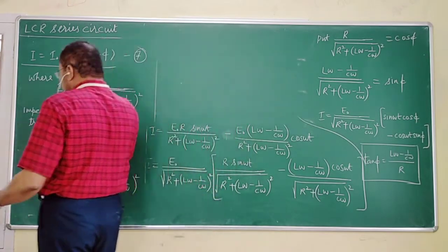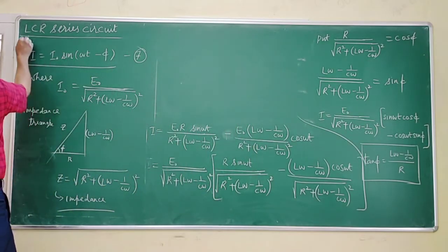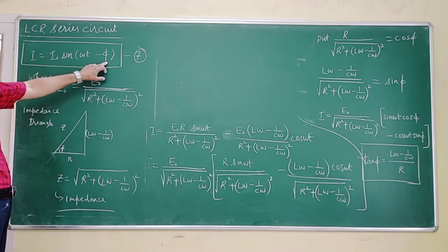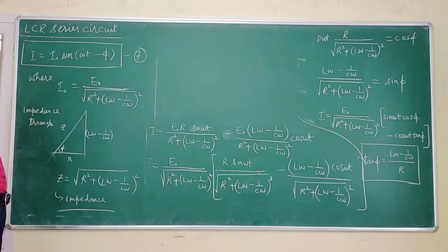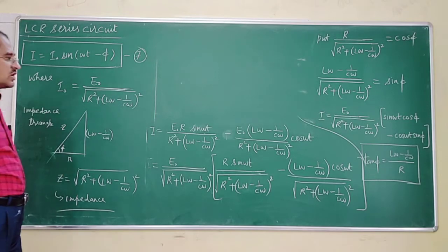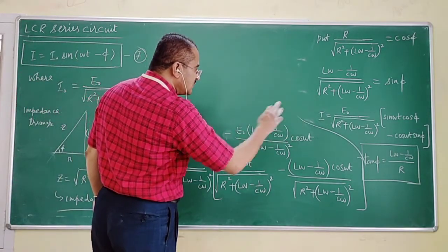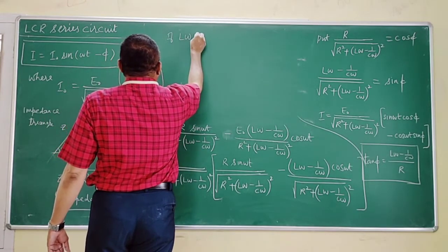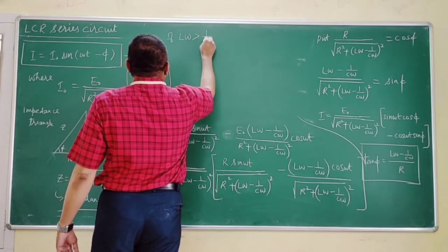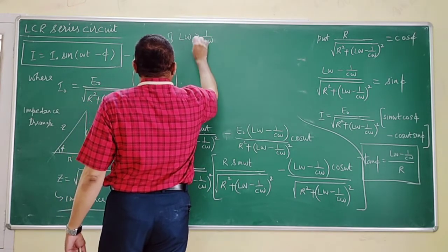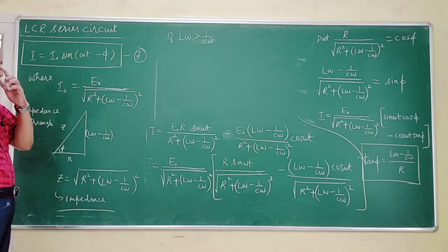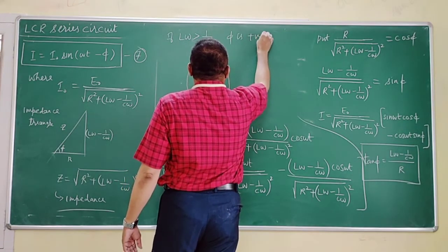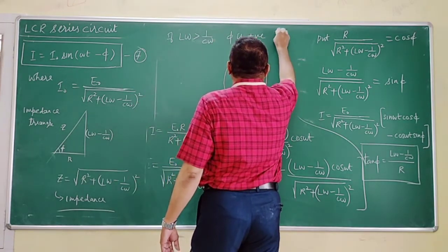So from this expression it is obvious that in an LCR circuit current lags the applied EMF by a phase angle phi. Whether it will always lag, it all depends on the values of L omega and 1 by C omega. Therefore I say if L omega is greater than 1 by C omega, phi is positive, therefore current lags.